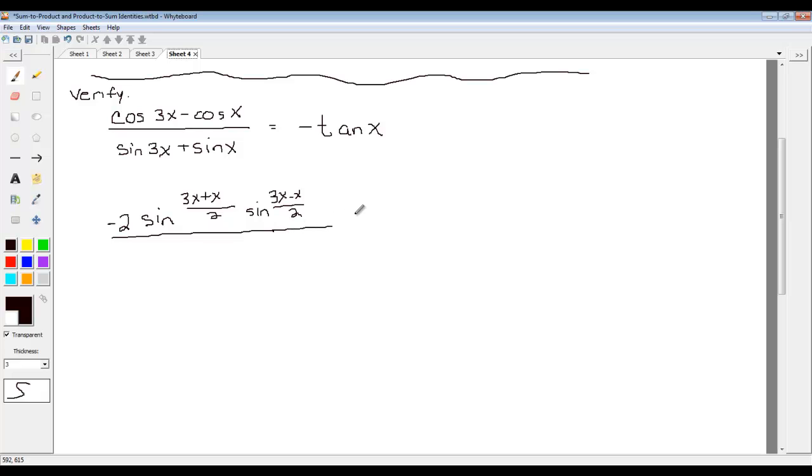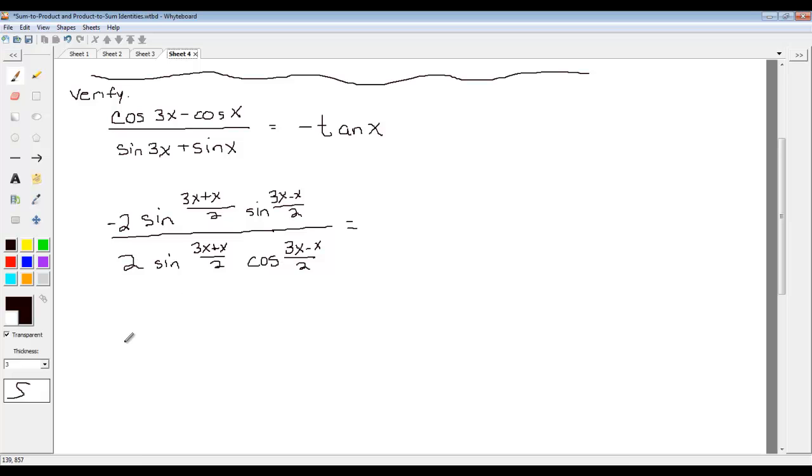Maybe this will get us somewhere. Then on the bottom we have a sum of sines, so we can rewrite that as positive 2 sine of (3x plus x)/2 cosine of (3x minus x)/2. This is just using our identities, using the identity for the numerator and the identity for the denominator.